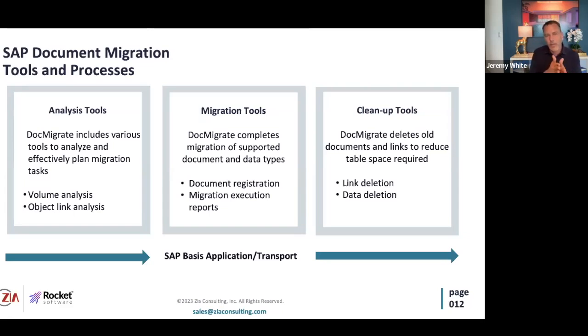It's part of what I would call phase two, meaning first, let's get the document content out and immediately start recognizing the benefits. In tandem, we would start working with you on the archive strategy that makes the most sense for you, analyzing the data to understand the volumes we can archive out from a transactional and report list perspective. So the first piece, the analysis tool, is an SAP transport.